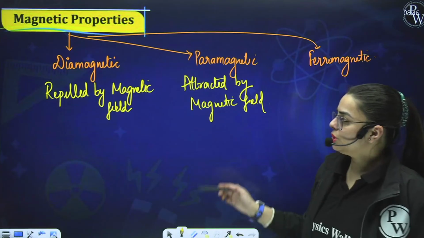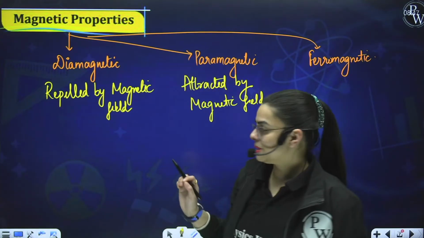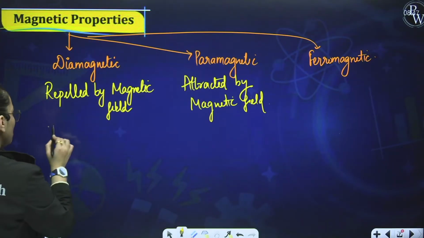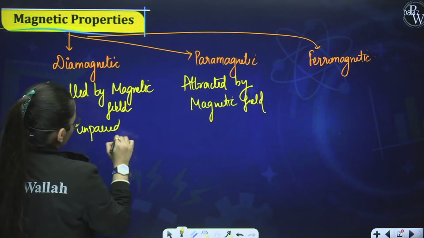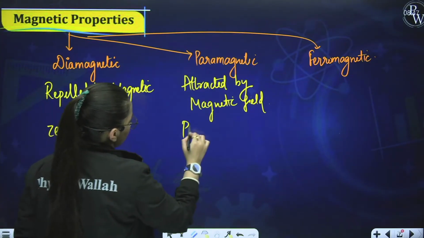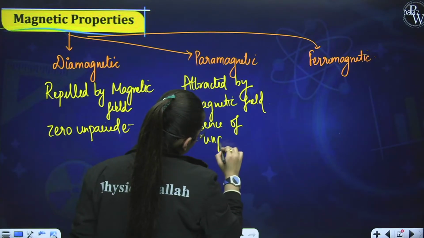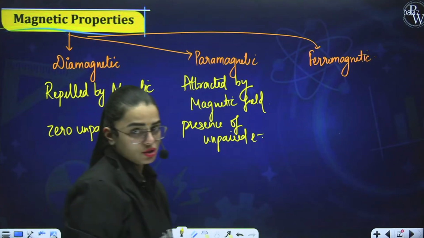In the case of diamagnetic, there are 0 unpaired electrons. Do remember this. While in the case of paramagnetic, there is the presence of unpaired electrons.